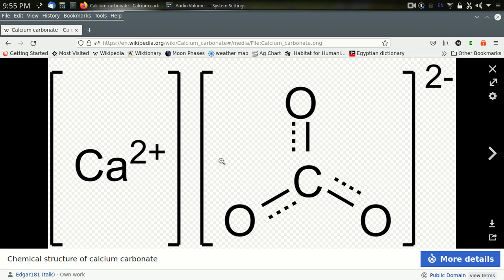which is why tap water, groundwater, well water is pretty much always hard water, because that water in the ground is in contact with some amount of calcium bearing minerals, and the most abundant of those is calcium carbonate.